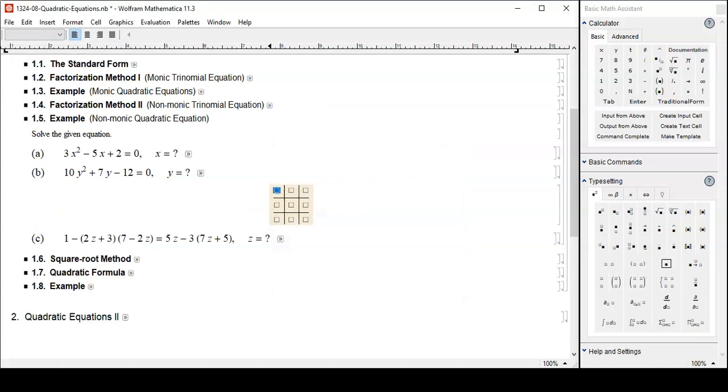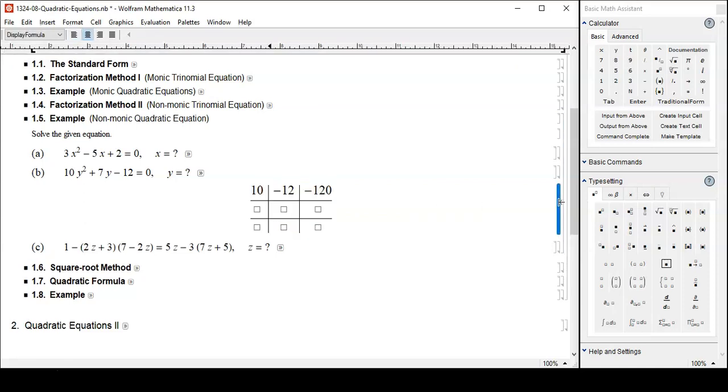So we get -120. Let's make it a little bit larger. And factors of -120 adding up to +7.